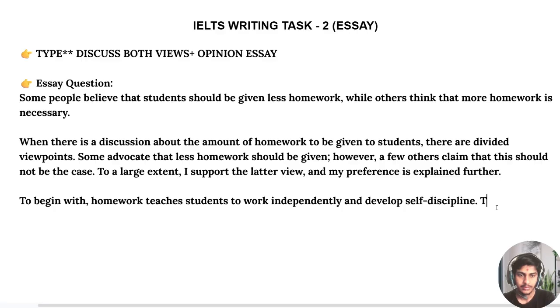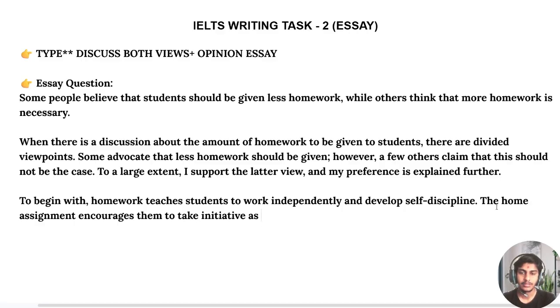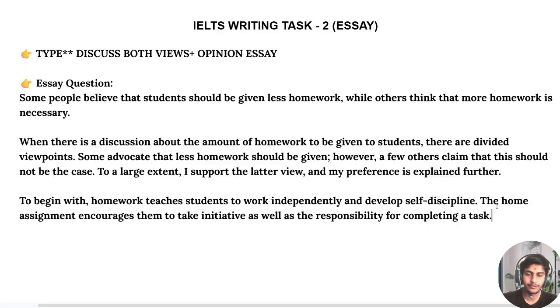The home assignment encourages them to take initiative as well as the responsibility for completing a task.